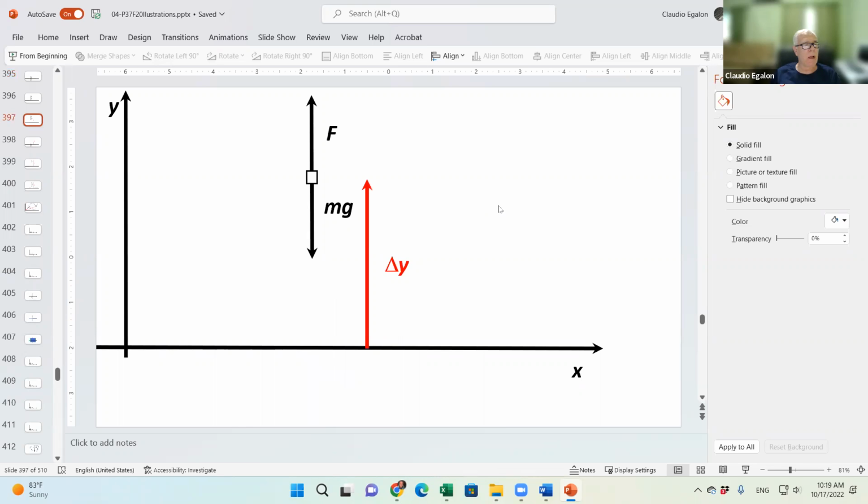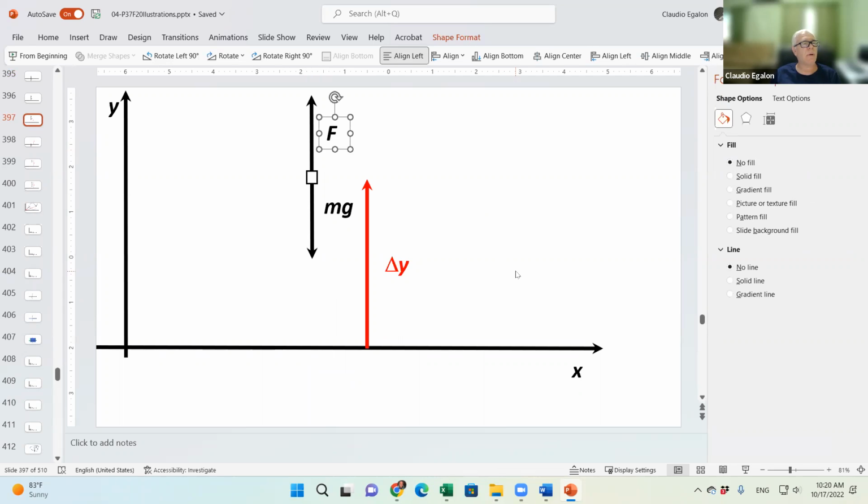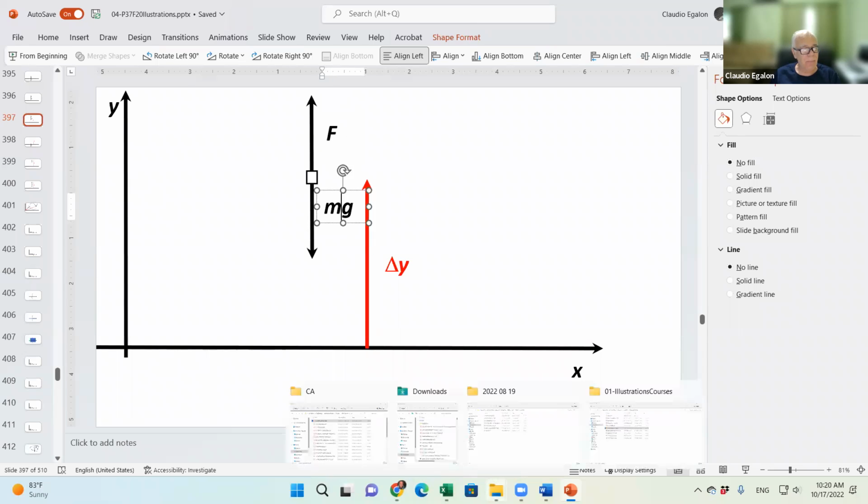Okay. And also notice another thing, very important. During this process, the work done by this force was positive, right? However, the work done by the gravitational force was negative. Okay, work done positive, work done negative.